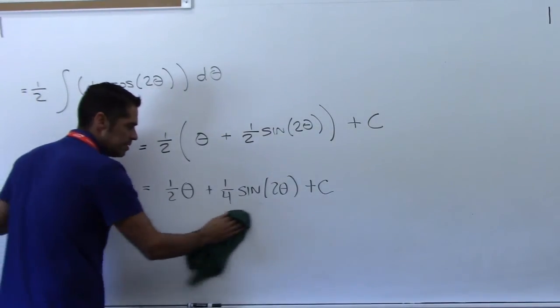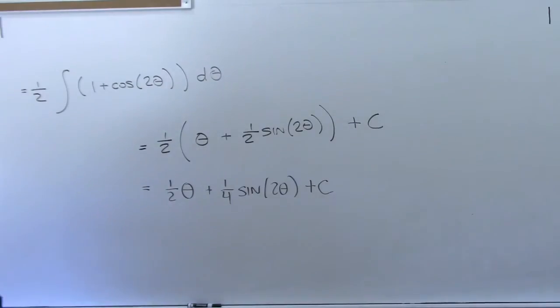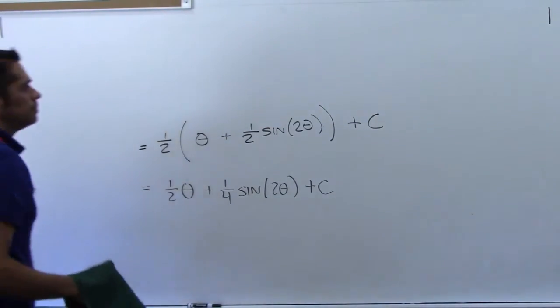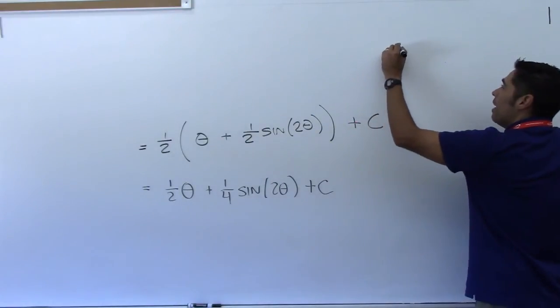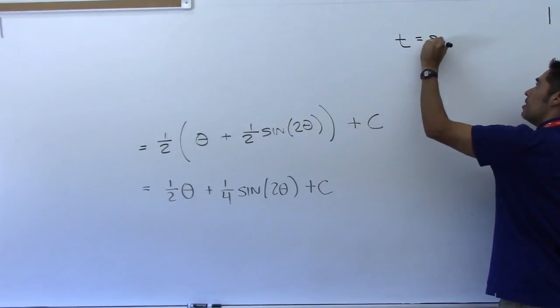Now, again, because it's just in my nature to want to draw the reference triangle, I'm going to do that. I think I'll put it up here. We had t, right? Not x. t was equal to secant theta.